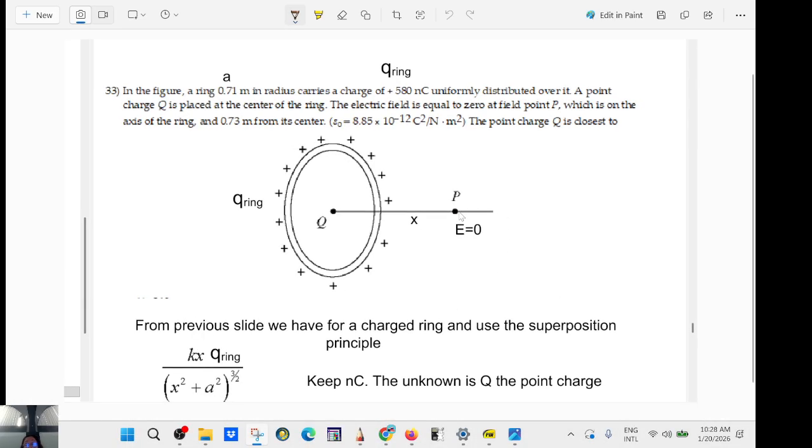So we have the electric field from the ring. And if the charge is negative, the electric field will go in. I'm going to call that EQ. So in that case, there will be a point where they cancel each other out and the electric field equals 0. And they want you to find that location. It's not that hard because you already have the equation for the ring and the equation for the charge.